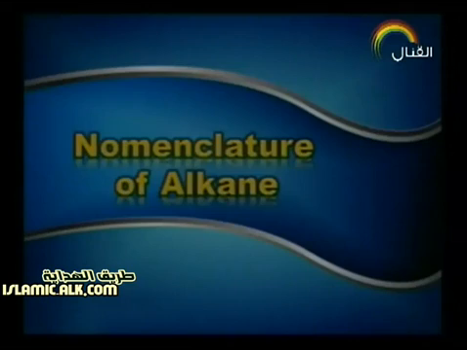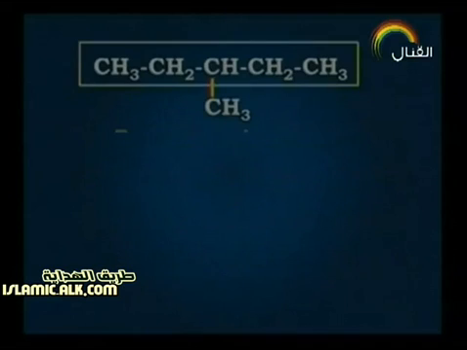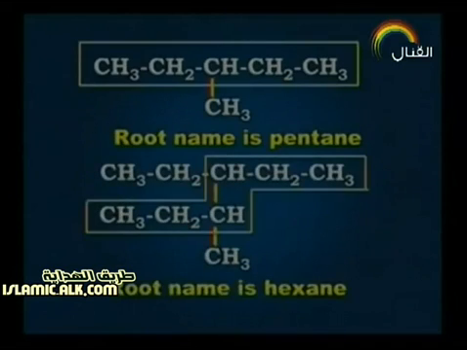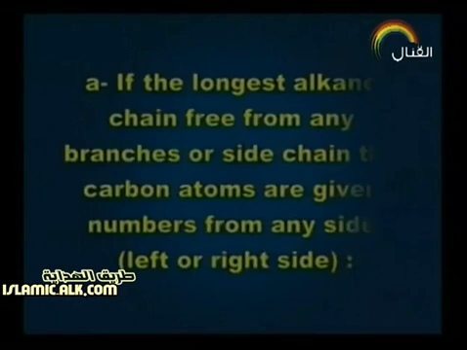The nomenclature of alkanes. The name of an alkane is determined according to the longest continuous chain and the number of its carbon atoms. As shown on the screen, the root name is pentane, and here the root name is hexane. The carbon atoms are given numbers in the longest chain.